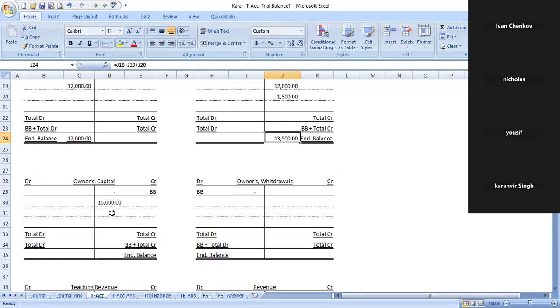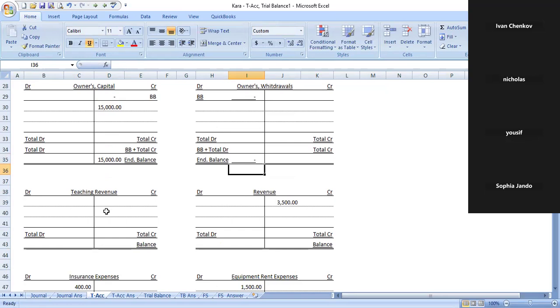On the owner's capital, the beginning was 0, and then the owner invested 15,000 and that's our capital. Withdrawals, there are no withdrawals, so that will be 0 balance. There's no teaching revenue, nothing here. But on the other revenue, we're going to have $3,500.